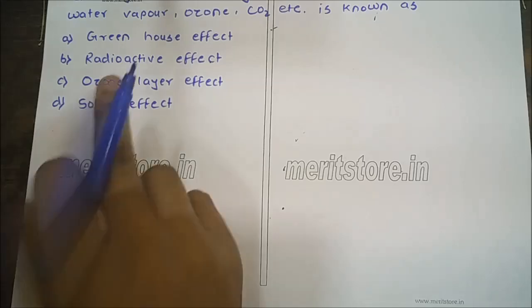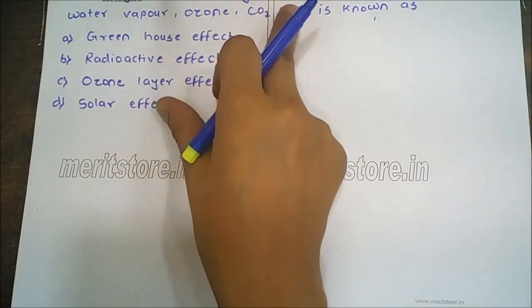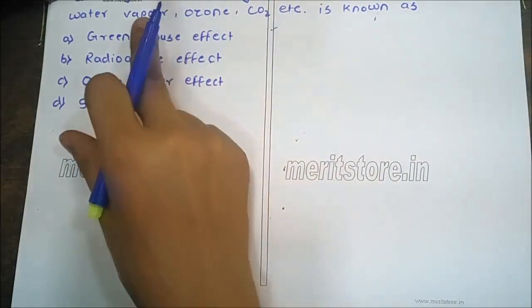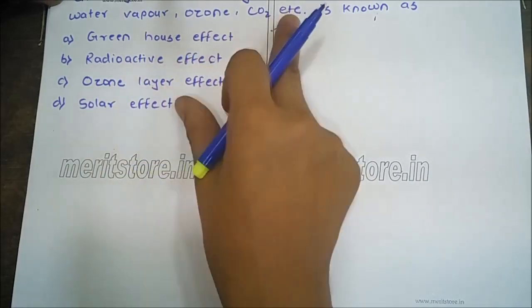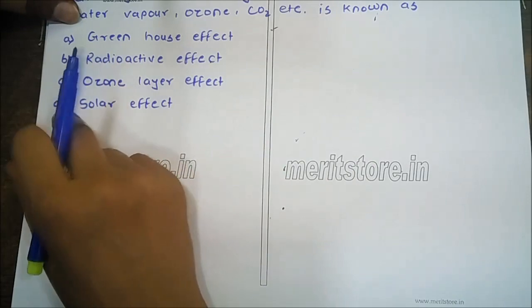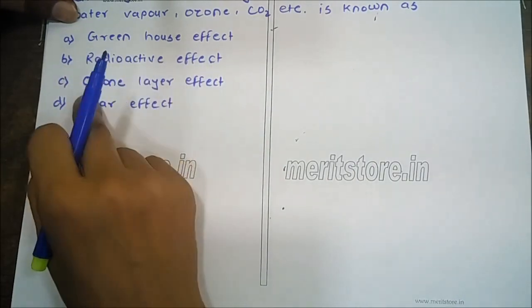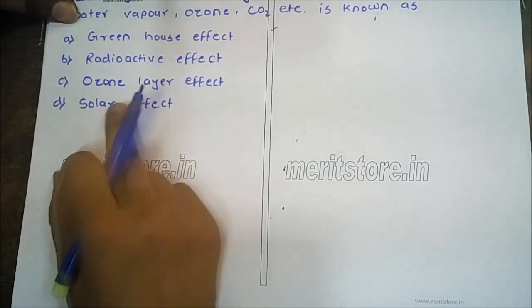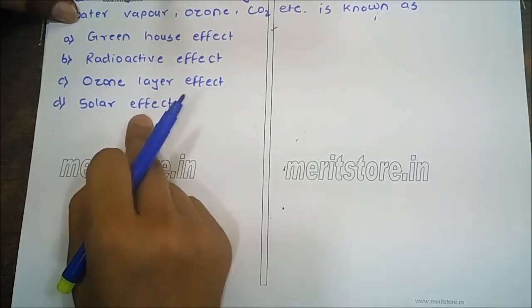The next question is, checking of radiating heat by atmospheric dust, water vapor, ozone, carbon dioxide, etc. is known as A. Greenhouse effect, B. Radioactive effect, C is ozone layer effect, and D is solar effect.